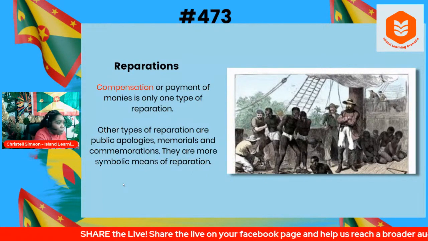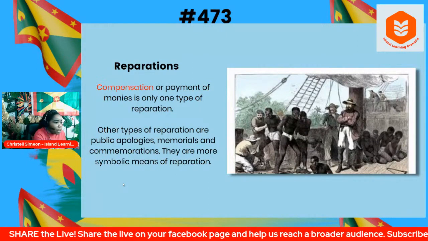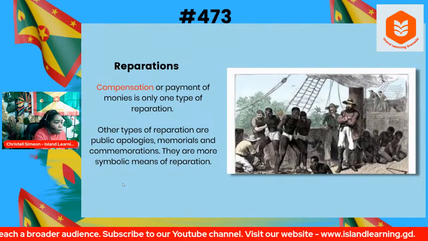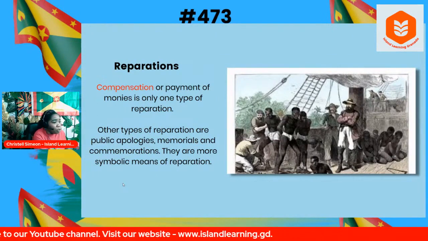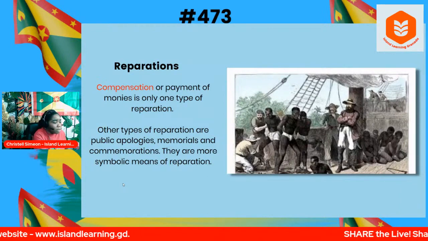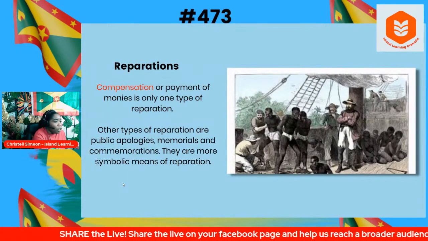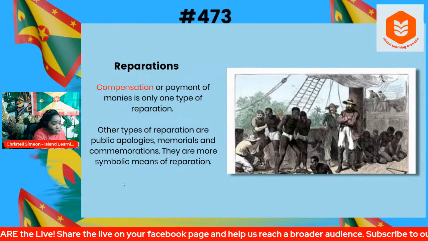We also talk about the indigenous people, so the Amerindians who lived before on the islands. They too experienced torture. Many of them were killed. For example, in Grenada, hundreds of Caribs lost their lives as they had to jump off the cliff at Leapers Hill, St. Patrick's. So that's another act of human rights violation.